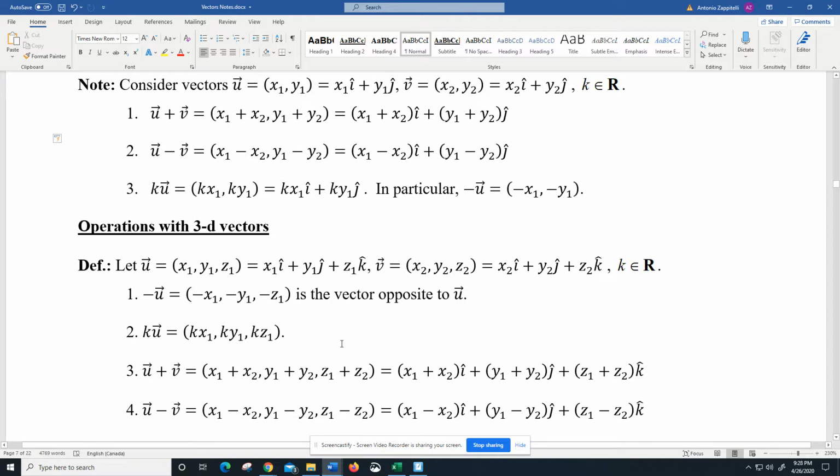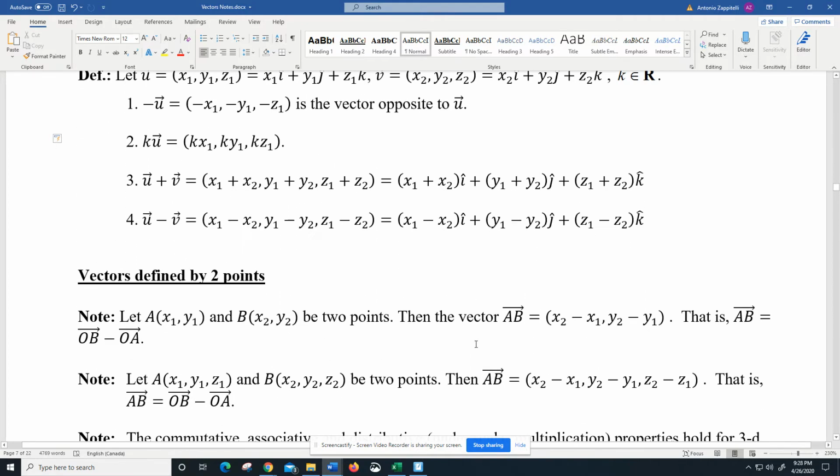Okay, take something like scalar multiplication. If I'm multiplying a vector by some scalar k, I just have to multiply the individual components by k. If I'm taking the opposite of a vector, I just have to multiply the individual components by -1. All right?